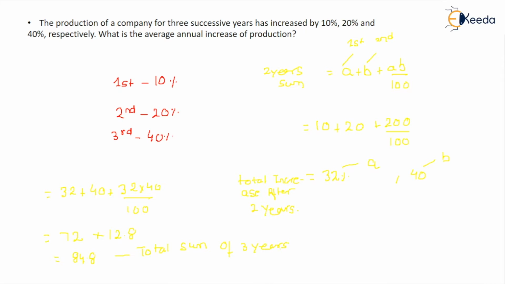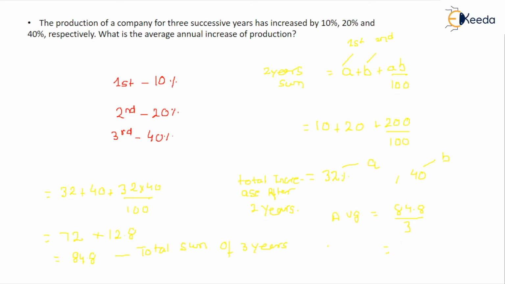Now your average is the sum of all the numbers divided by the number of observations. So for the average annual increase, you can find the sum of all three, that is 84.8%, divided by the total number of observations. For how many years are you observing? 3 years, right? 1, 2, 3 years. So divide by 3. After dividing by 3, you can simply find the required answer.